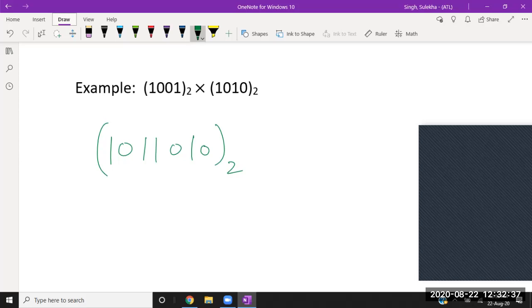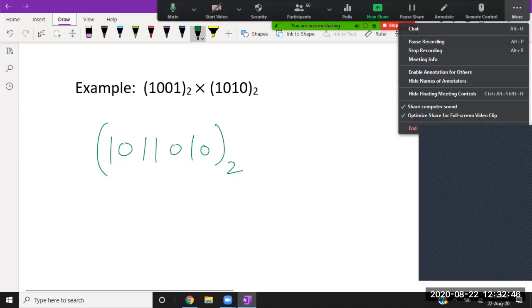These concepts are similar to your conventional concepts. So this is the end of binary multiplication, the multiplication of numbers in any base.